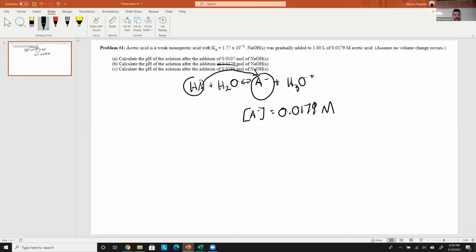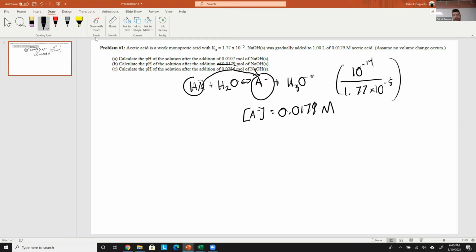So the Kb is going to help us to see what is the effective hydroxide concentration that this conjugate base produces. So the way we do the Kb is we do 10 to the negative 14th divided by the Ka, which is 1.77 times 10 to the negative 5th.